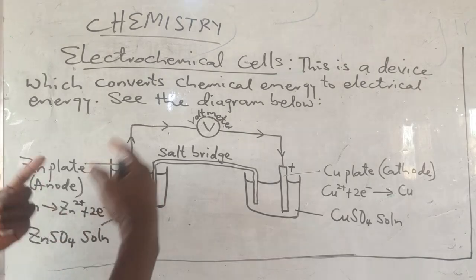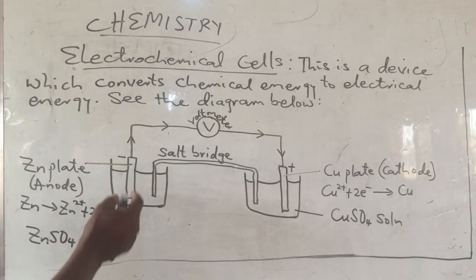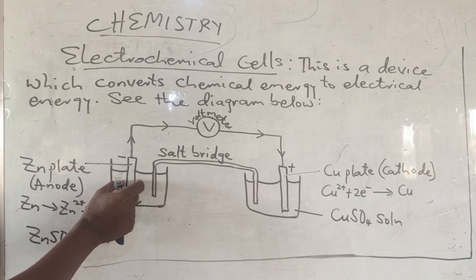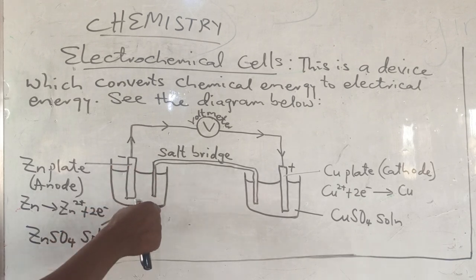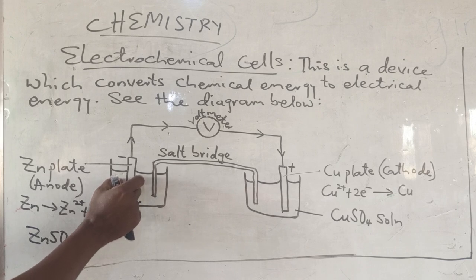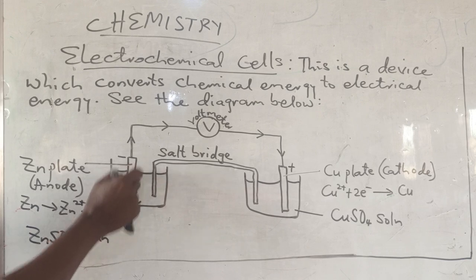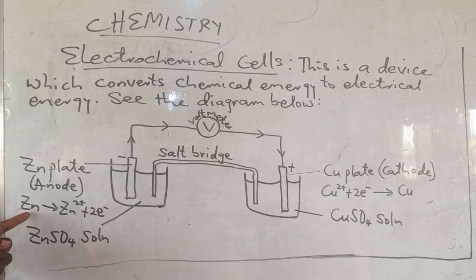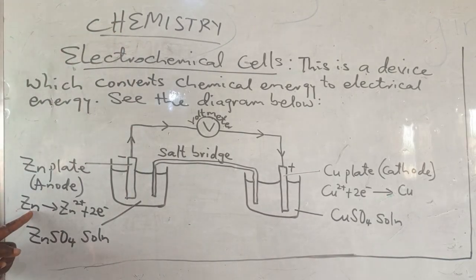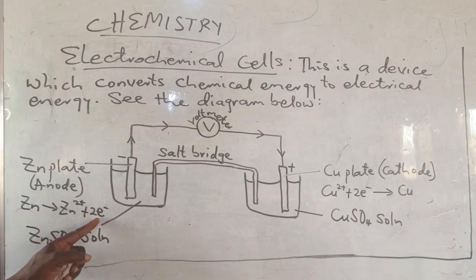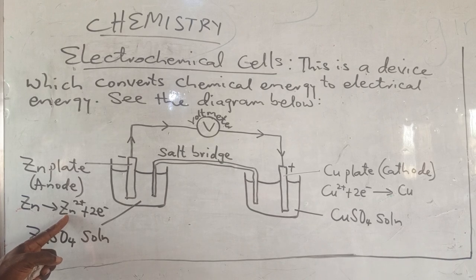Now, what that means is that this plate, zinc plate, will dissolve and then go into solution. Atoms on the surface of this plate will ionize, meaning will give out 2 electrons each. One atom of zinc will donate 2 electrons and itself will turn to zinc ion.